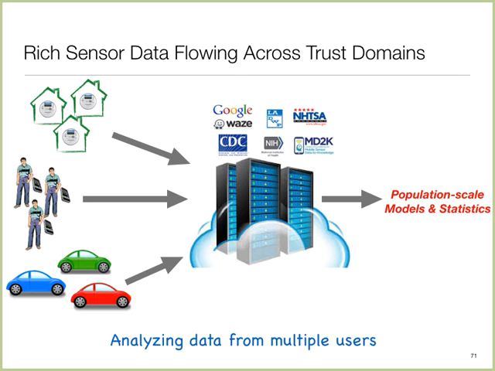I don't care about you, the individual, but I am engaged in an exercise where I want to know something about the population, the mood of a city, or I want to learn a statistical model about traffic or health or whatnot. So in this case, my problem basically is I have a whole bunch of private sensor data, and I want to compute an aggregate function over that.